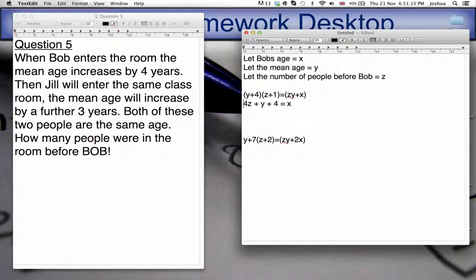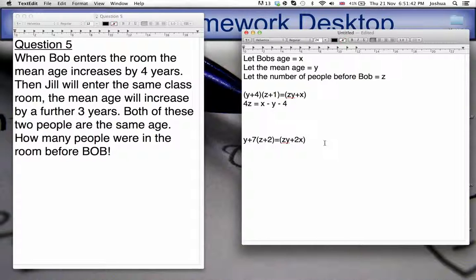And we can put everything on one side, so we bring these to the other side. Subtract it. That's what 4Z is equal to.